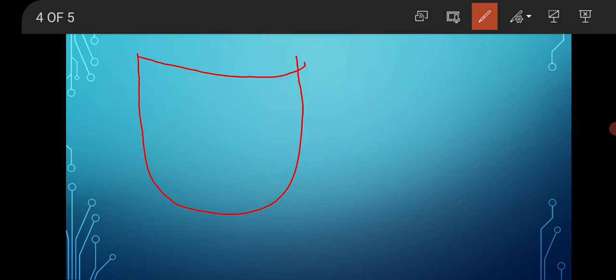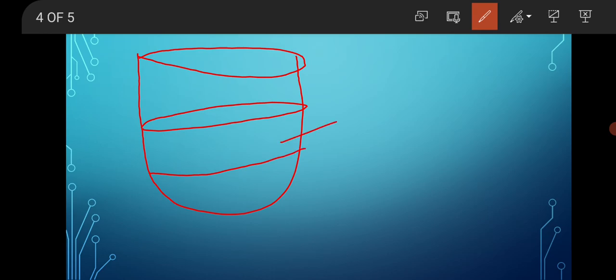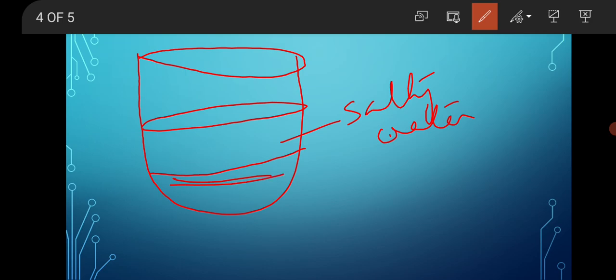So this is the beaker and here is the water which contains salt. So we can write salty water or salty solution, and here is the sand.